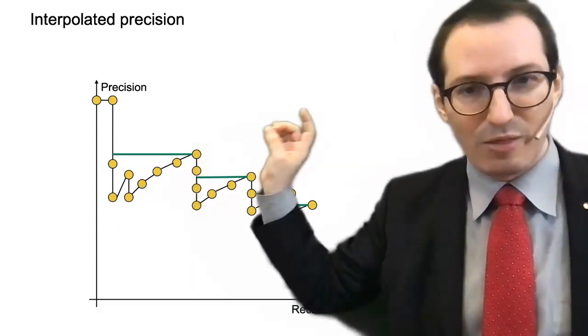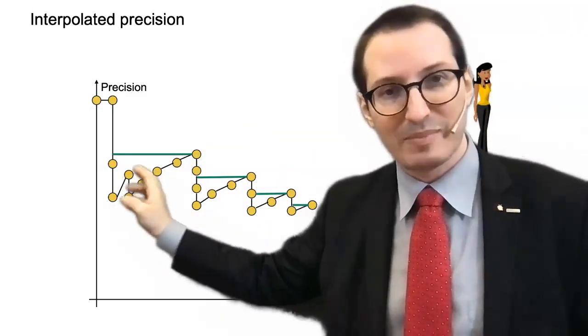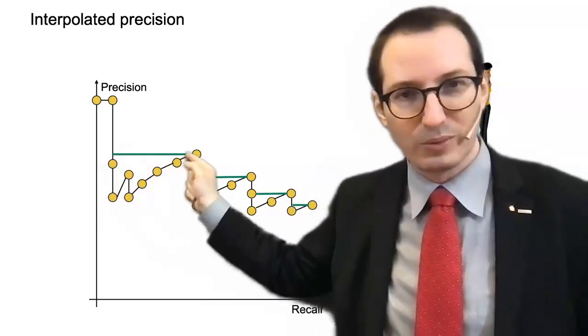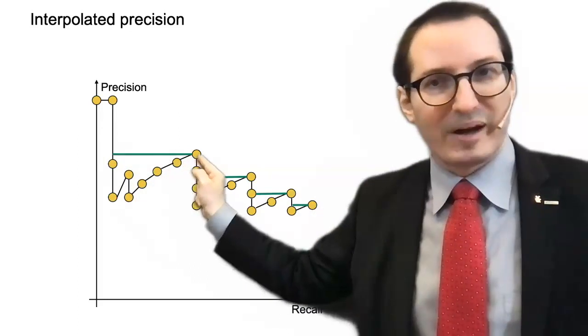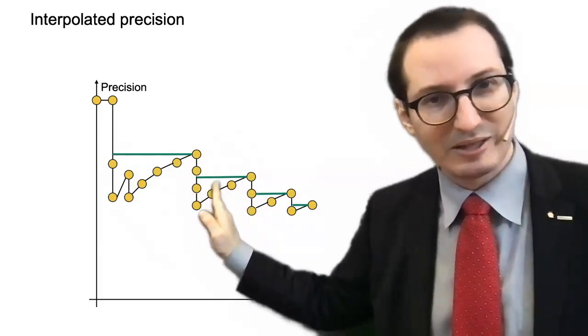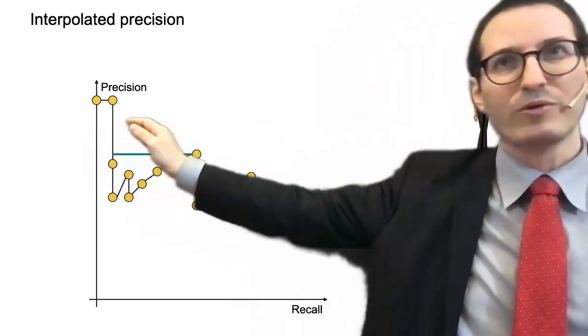So the comment you made is correct in the sense that indeed you could implement a system that every time there is a peak, it redraws the curve all the way back when you break a new record. But you can never be sure that this is it. You can never be sure that in the future you will not again break a record and backtrace all the way, right?